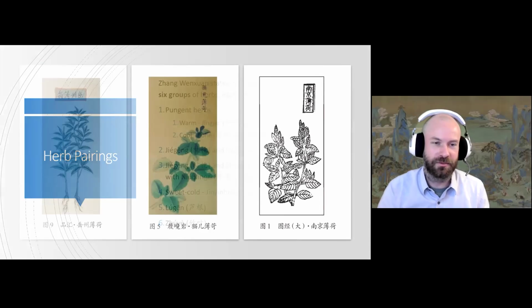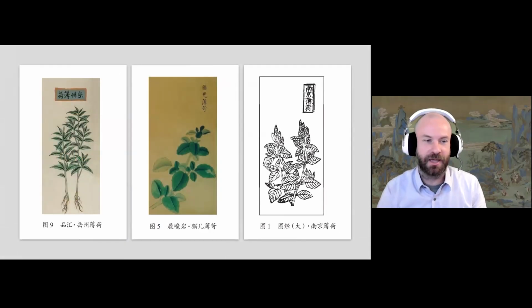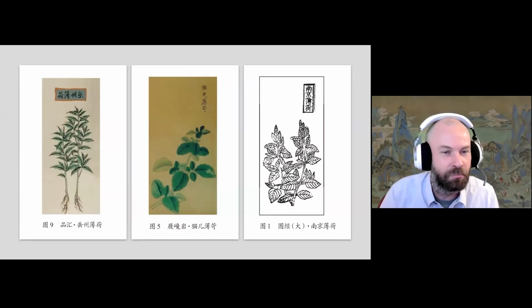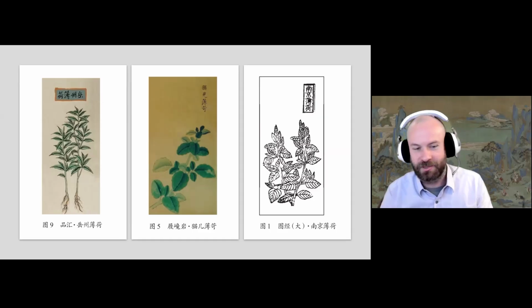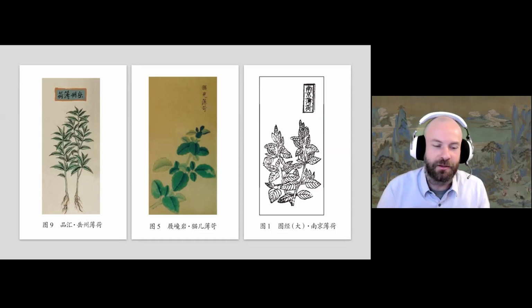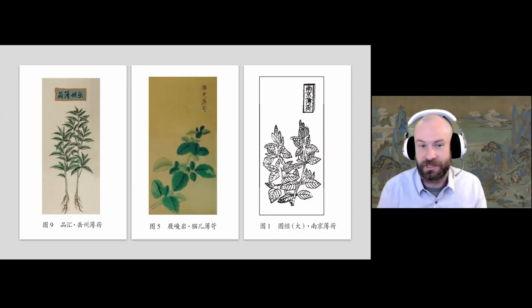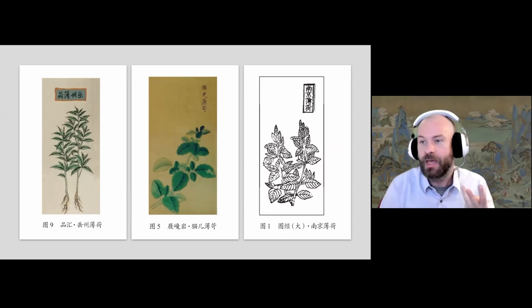One thing is that I presented this at AACMAC as well, and these are just a couple of pictures that I've got of herbs. This one is Bohe. One thing that I like to look at is how ideas of herbs developed, because how do we know that they've been using the same herbs? Well, they've been drawing pictures of them for a very long time. They've written about where they were cultivated, what time to pick them, how to look after them.